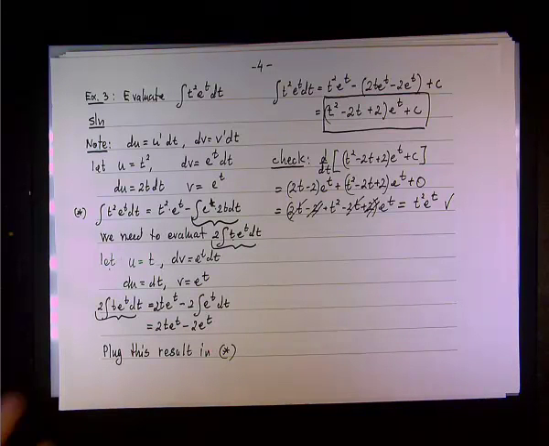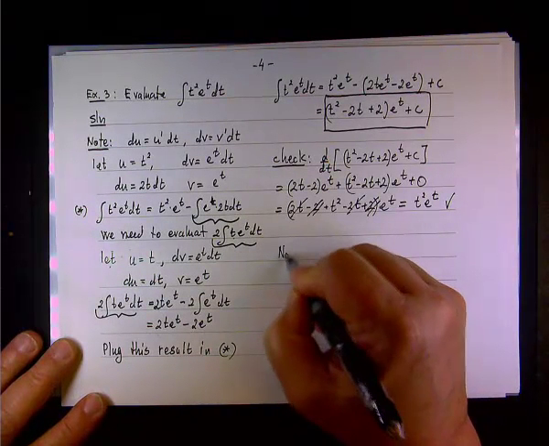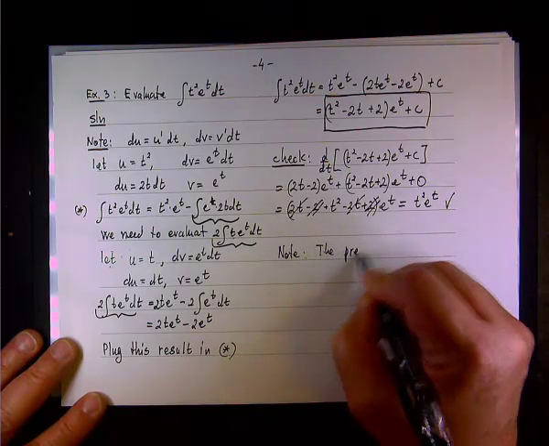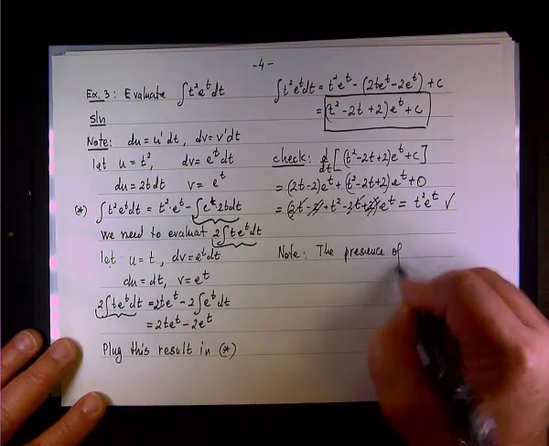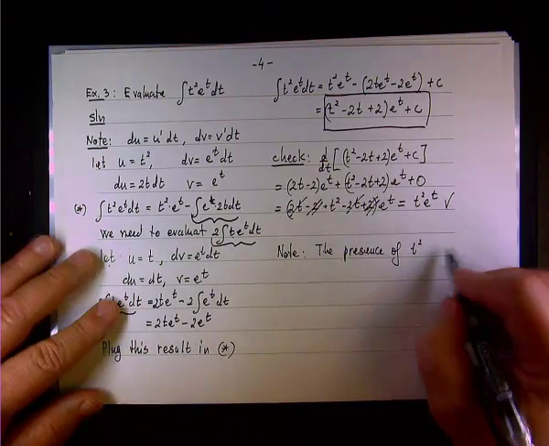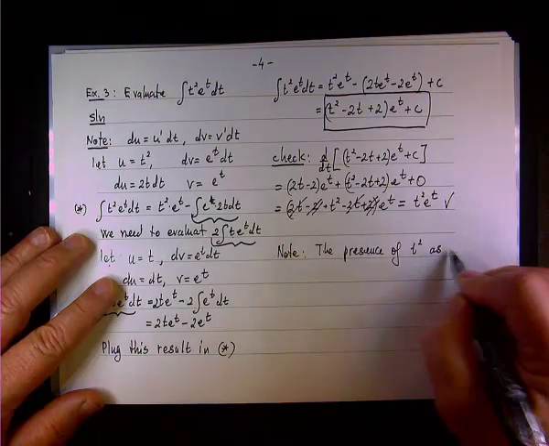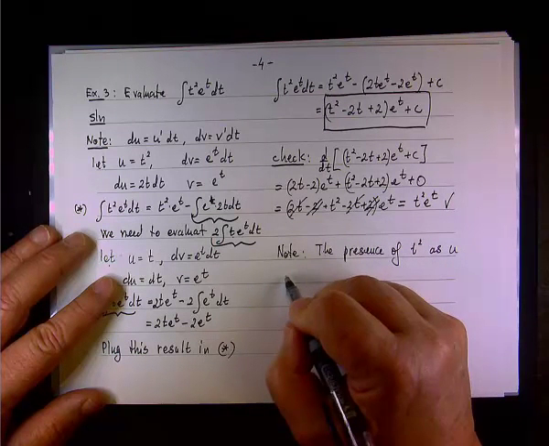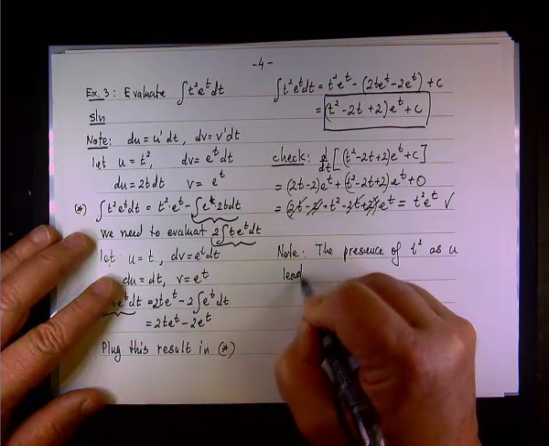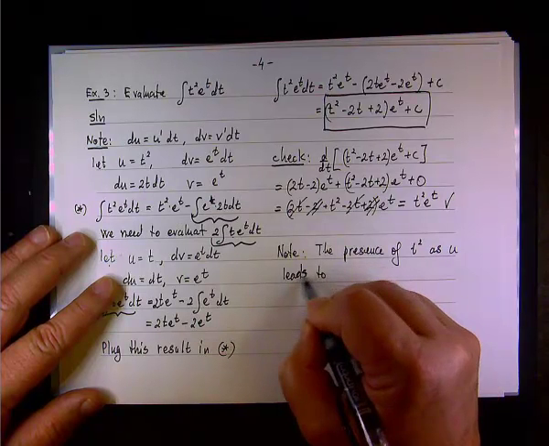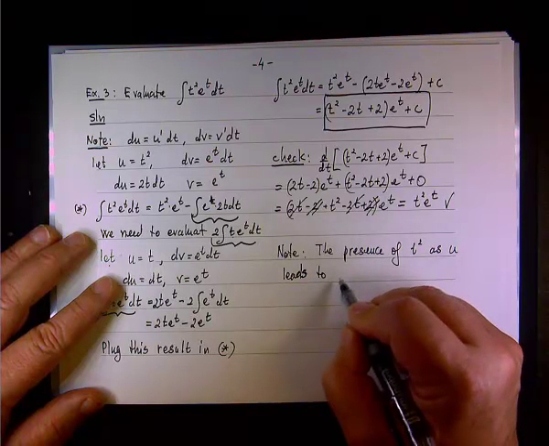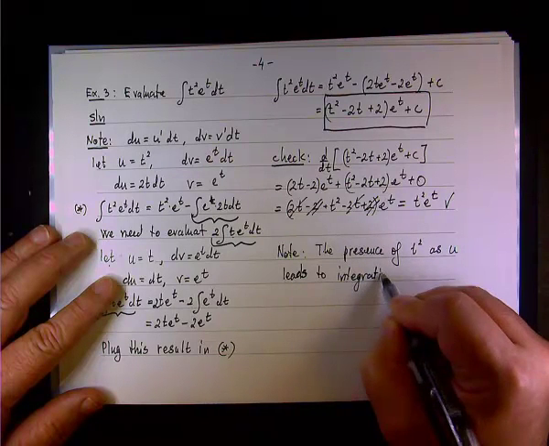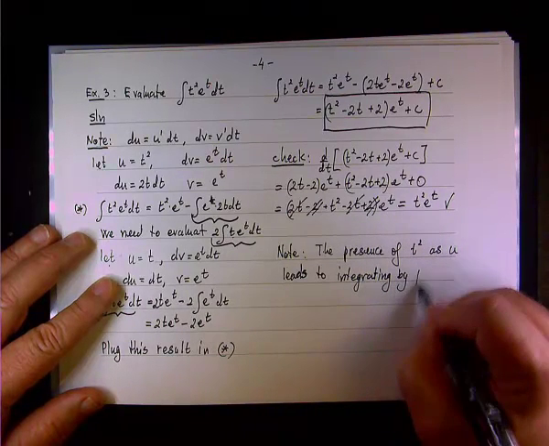So we have the right result. So the wrinkle was we had to do integration by parts twice. Okay, so note the choice of t squared as u leads to integrating by parts twice.